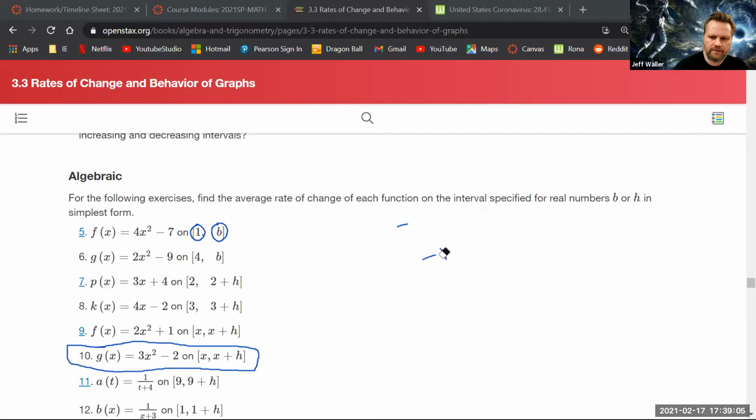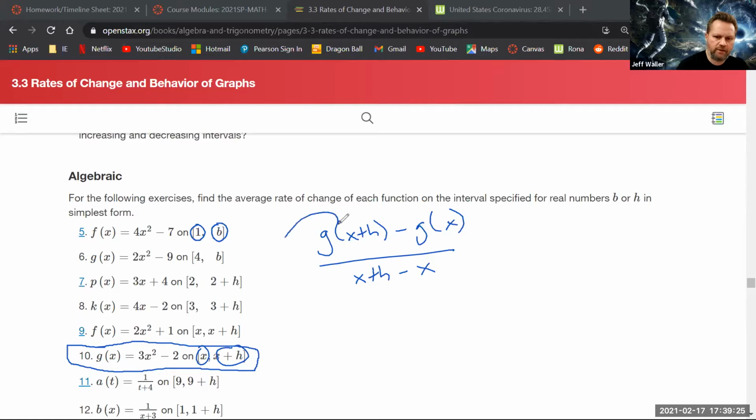My claim is it isn't disgusting. How would I do this? I would have to do g of x plus h minus g of x, divided by one input minus the other one. The bottom becomes nice. I have to figure out what g of x plus h is, so I can do that on the side here.